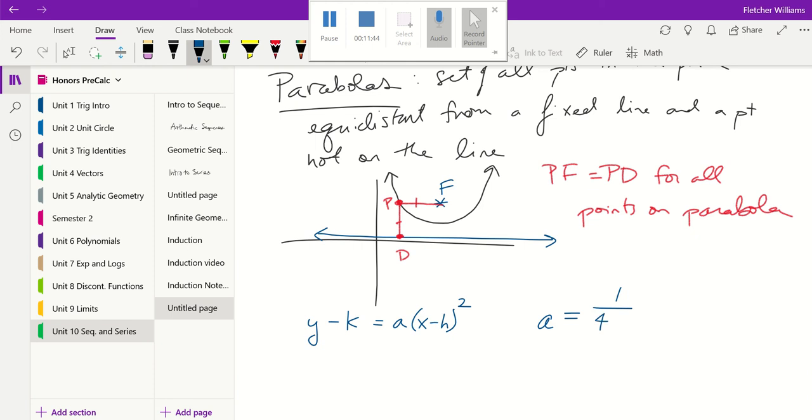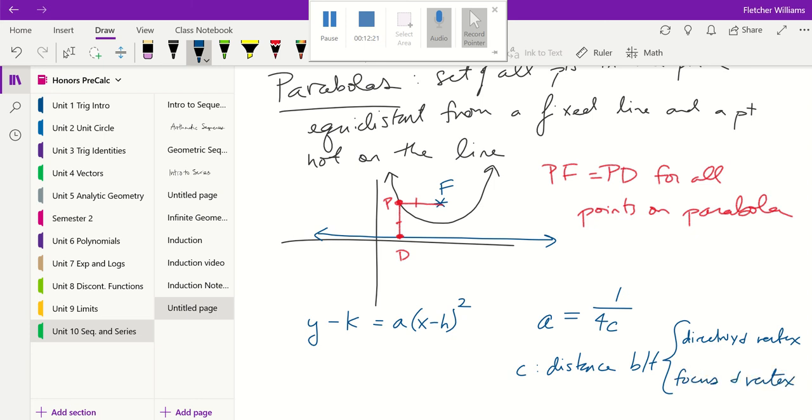Where C was what? The distance between the directrix and the vertex, or the focus and the vertex.